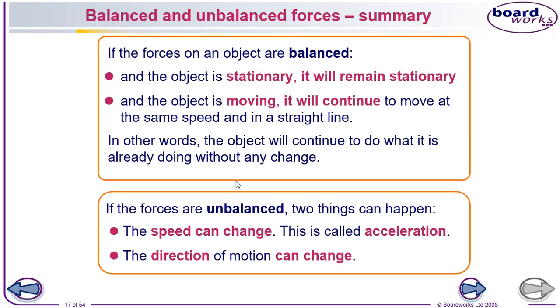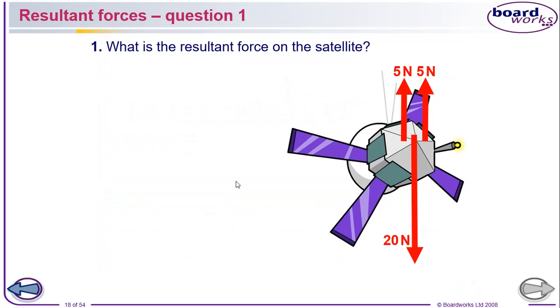While if the forces are unbalanced, and the object was stationary, and suddenly a wind comes or you push the object, the forces become unbalanced, and there will be a change in either the direction or the speed of the object, or both. So this is the effect of the unbalanced forces together with the balanced forces.